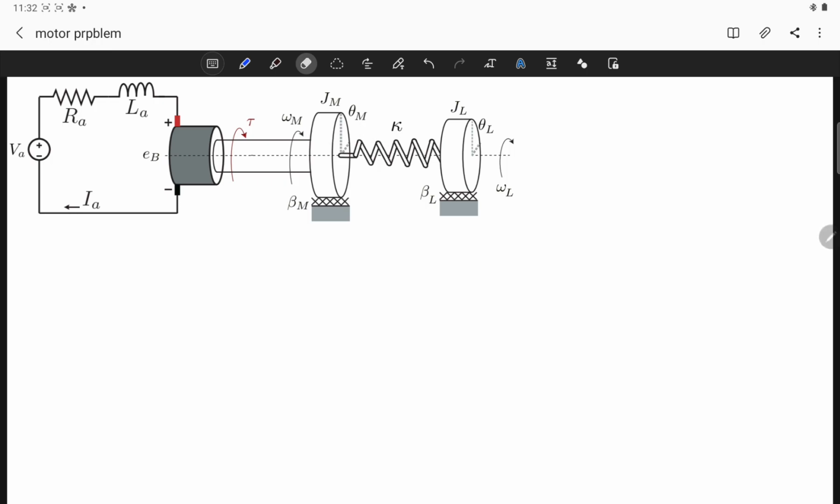Since the electrical motor drives the disk or inertia of Jm, we assume that this torsional spring applies a resistive torque in the negative direction of the motion. Okay, this is an assumption. We could assume that it is driving the inertia, but we make an assumption and move on with our computations.